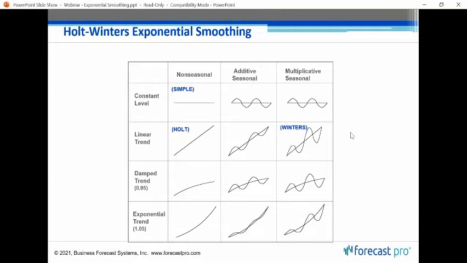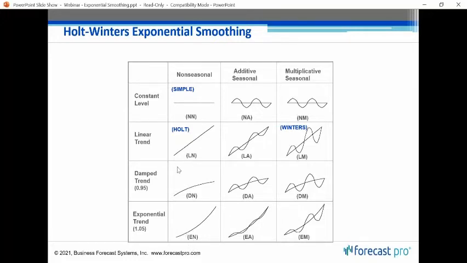Now, any of the 12 models can be identified using a little 2-letter nomenclature. You see these 2 letters here. The first letter is going to correspond to what type of trend: N for not trended, L for linear trend, D for damped, E for exponential.